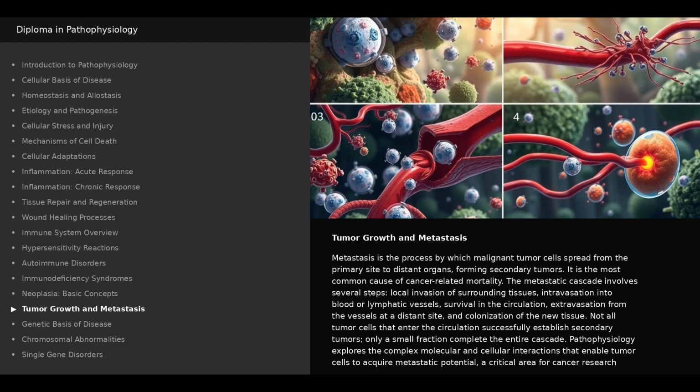Not all tumor cells that enter the circulation successfully establish secondary tumors. Only a small fraction complete the entire cascade. Pathophysiology explores the complex molecular and cellular interactions that enable tumor cells to acquire metastatic potential, a critical area for cancer research and treatment.